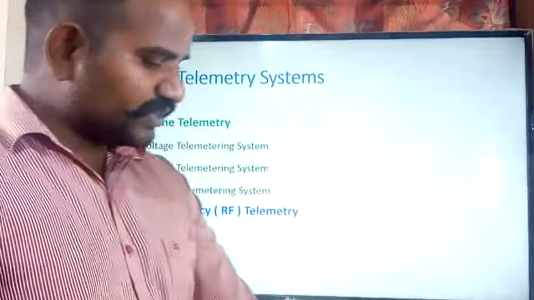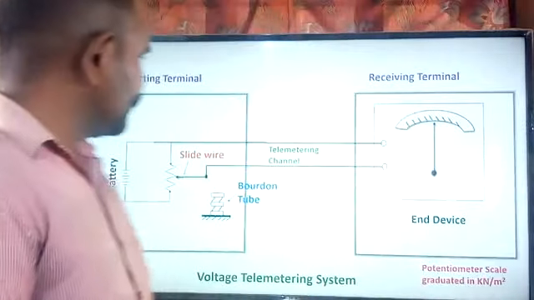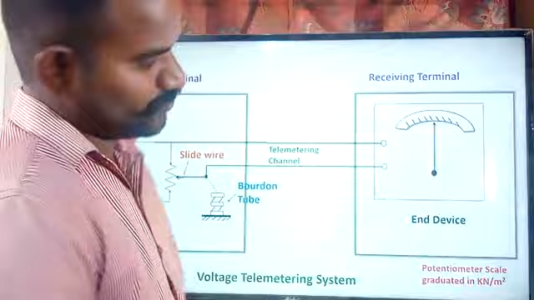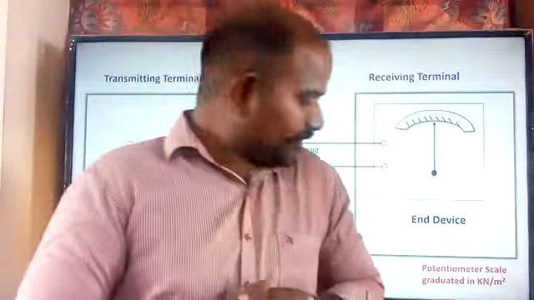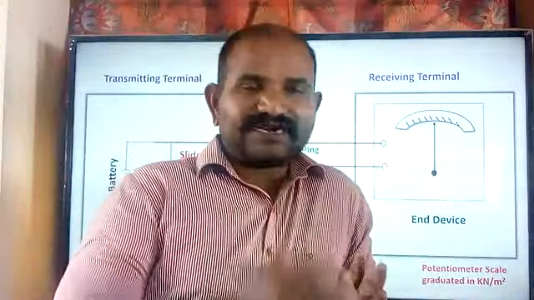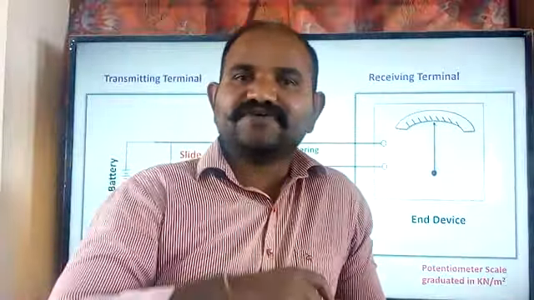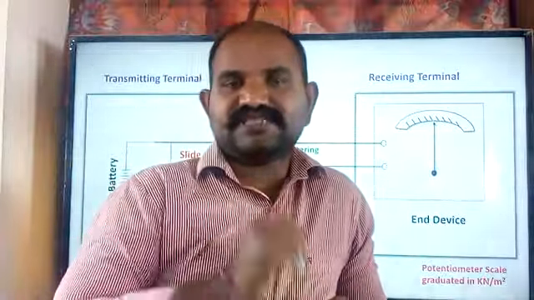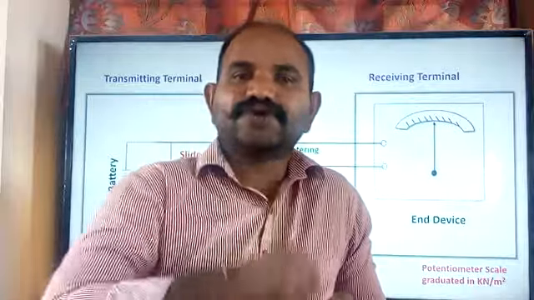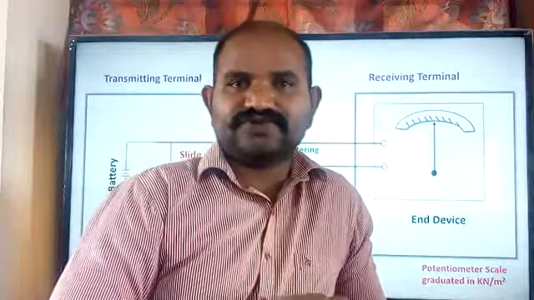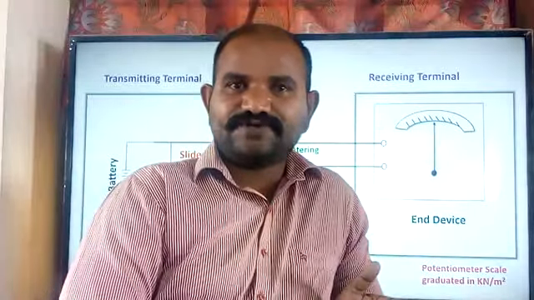So let us go for the voltage telemetry system. What exactly is the voltage telemetry system? In the voltage telemetry system, we are sending the information from the transmitter to the receiver using the communication path, but in terms of voltage signals. The electrical variable we are using in the transmission is voltage. We are sending the information in terms of voltage from the transmitter to the receiver.